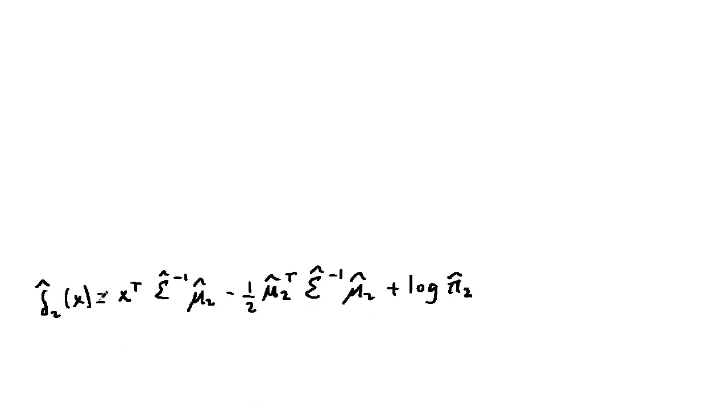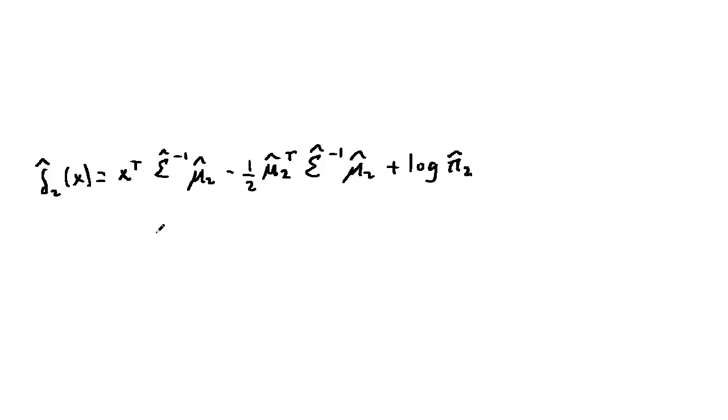Delta 2 hat of x is given by this formula. It's pretty much the same thing, except we have 2's everywhere here, mu sub 2 and pi sub 2. So that's x transpose times (10, 0) minus 1/2 times, multiplying this out, you get 100 over 3.